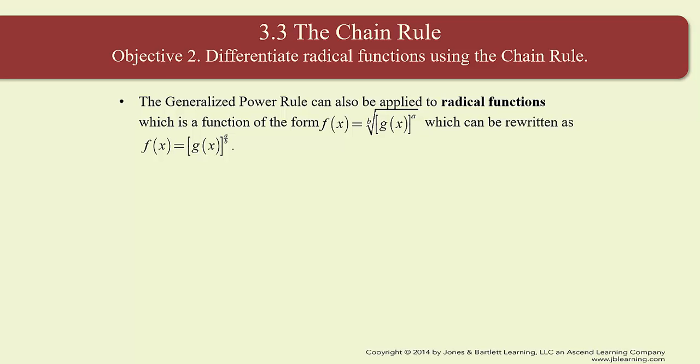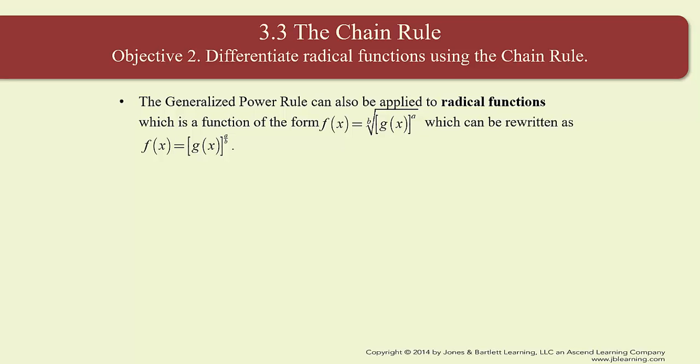So if you have a function f of x equals the bth root of g of x to the a power, so b is the root index there, that can be rewritten as g of x raised to the a over b power. So I know back in algebra you saw how to rewrite radicals as rational exponents.